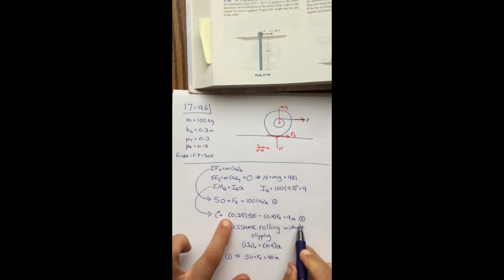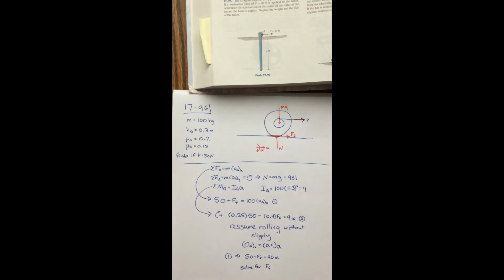Okay, and then I have equation 2 here, and equation 2 has now the same two unknowns as what I have here, so I can solve for the force of friction. And when I do that, I get 2 for the force of friction, and because it's positive, it means my assumption here was correct, and friction is indeed going to the right.